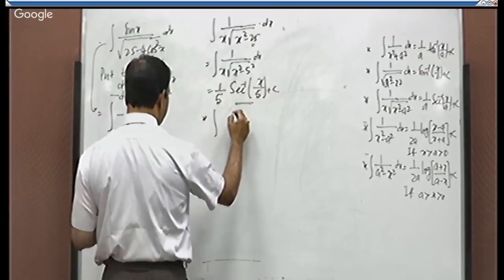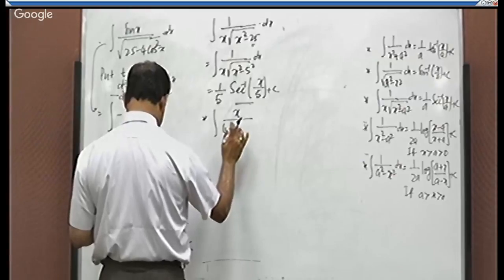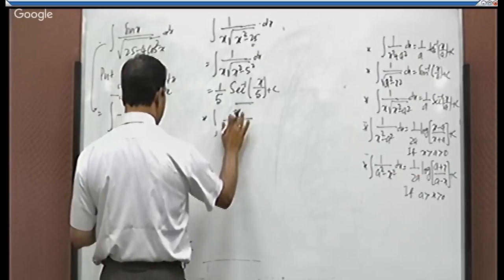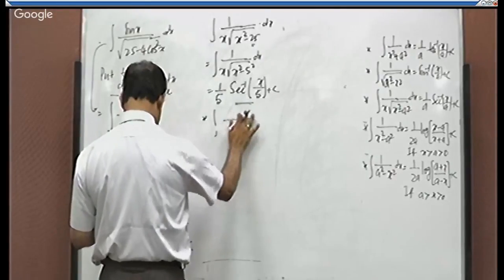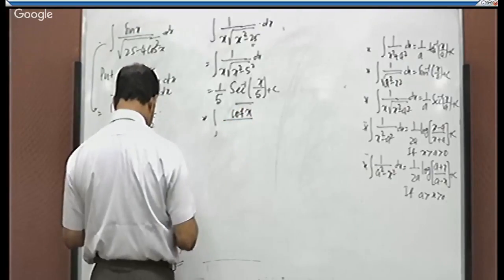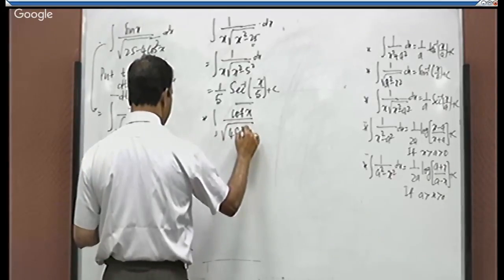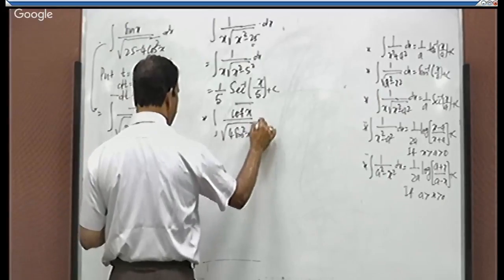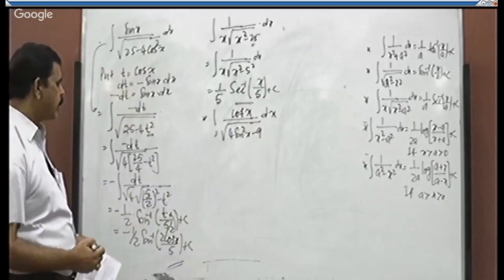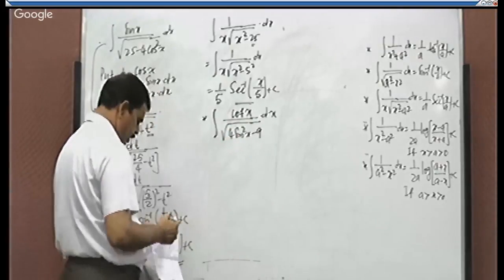Integration of cot x divided by root of 4 sin square x minus 9 into dx. What is the problem? Integration of cot x divided by root of 4 sine square x minus 9.